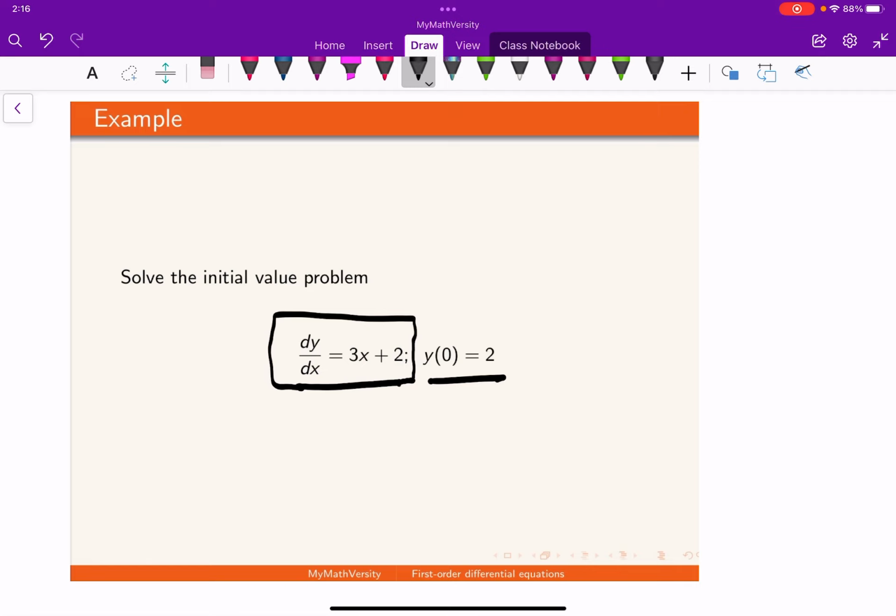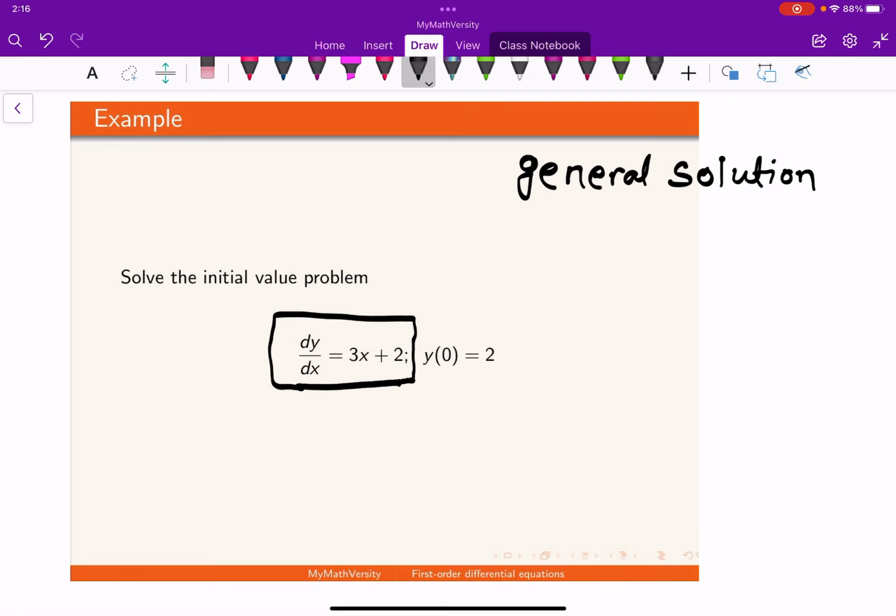And among those solutions, we try to come up with one particular solution that satisfies this condition. So that's how the strategy works. Because of that, we'll first focus on finding the general solution of this differential equation.